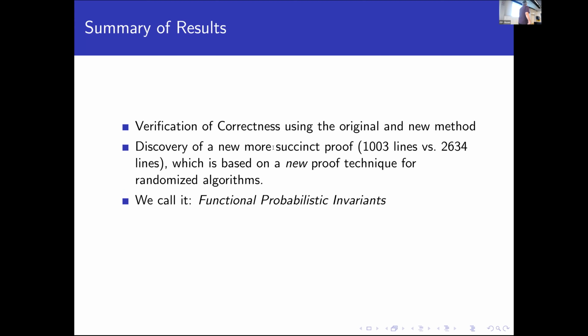To show you what the effect is, the original proof took like 2,600 lines, and the short version is 1,003 lines. You also have to remember that some of those lines are just the definition of the algorithm and so on, so they are shared. So this is actually underestimating the simplification.